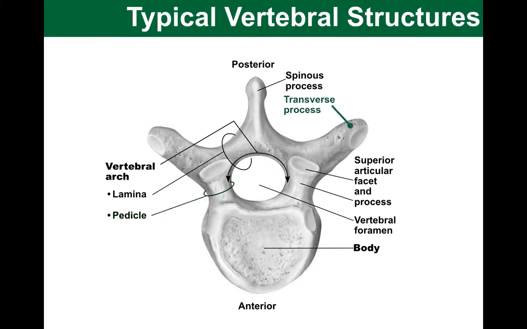We have the transverse process more laterally and the spinous process more posteriorly. These are connected by the lamina. We should also notice that there are various articulating facets. So those are some of the general terms that we need to be familiar with as we start to look at the differences and similarities of the vertebrae from different regions.